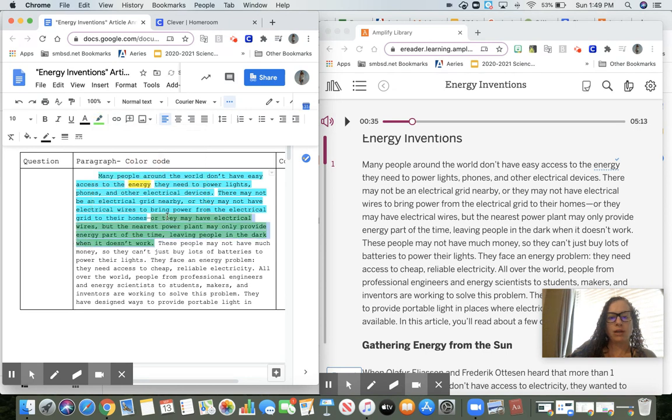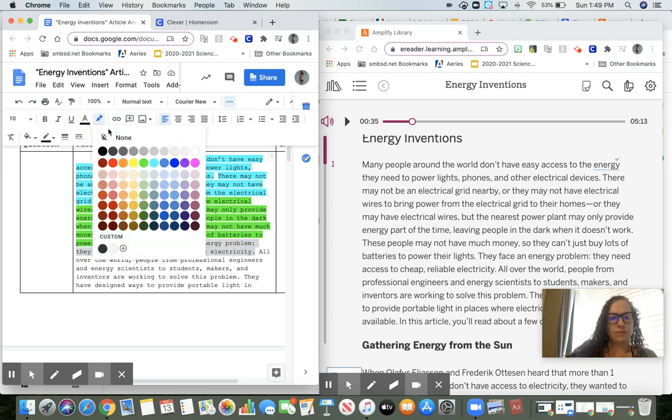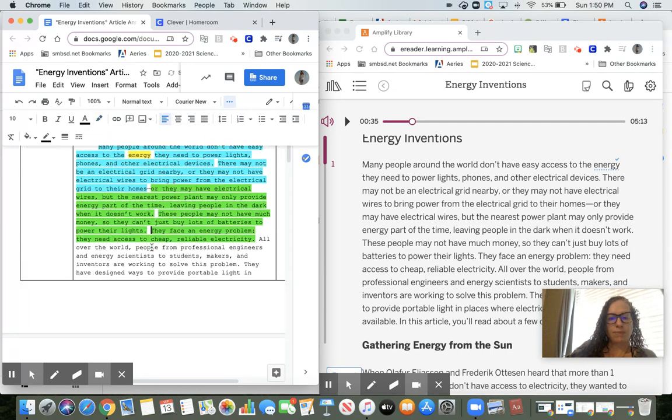So I could make that green, but I could also argue that that would be blue. These people may not have much money, so they can't buy lots of batteries to power their lights. I'm going to still say that that's green. So this is kind of the problem that we're facing, right? So this is also green. Okay.